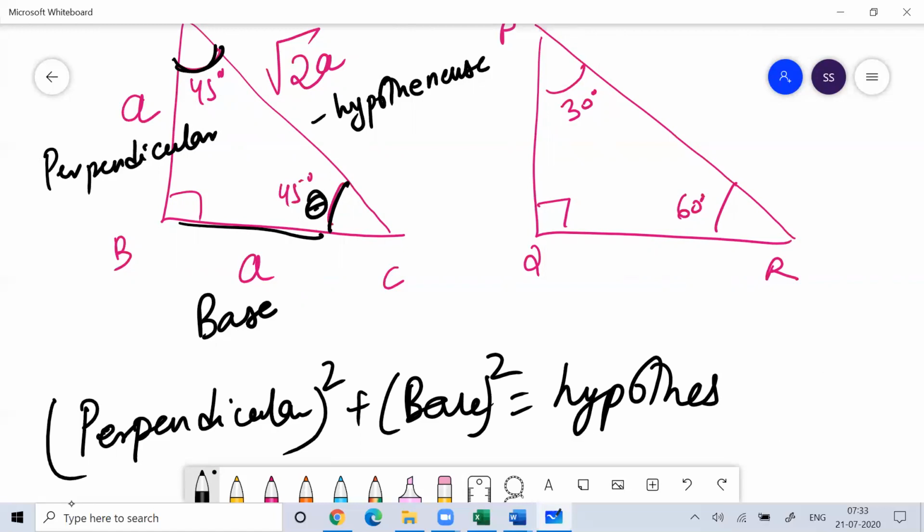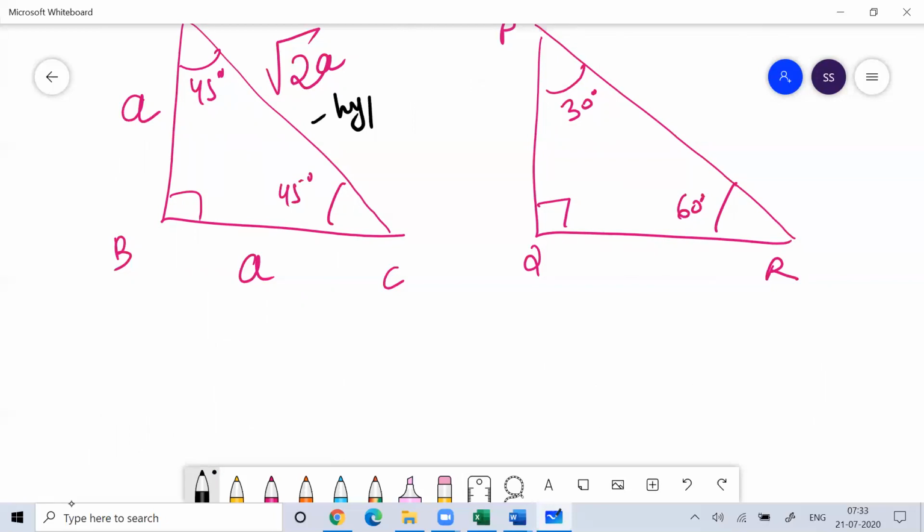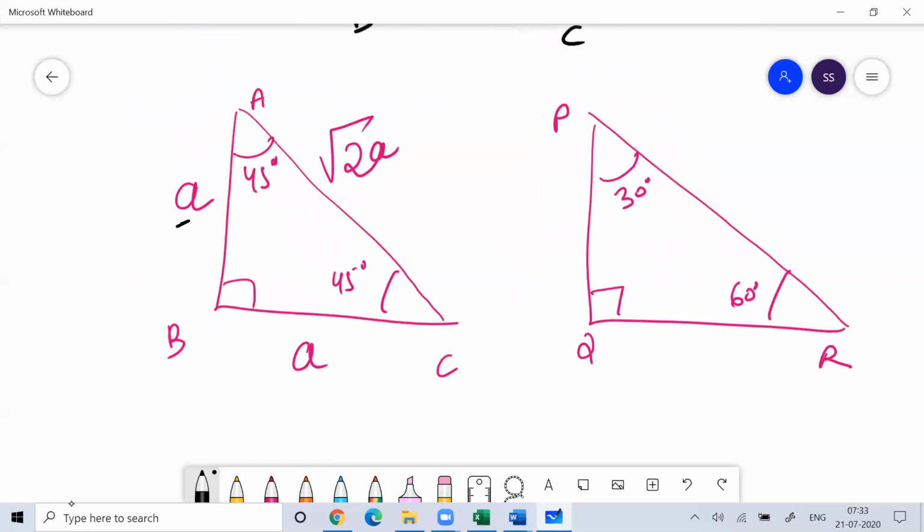Based on this logic, let me erase this. If this side is a, and this is a, then this will be root 2a. You know the Pythagoras theorem.